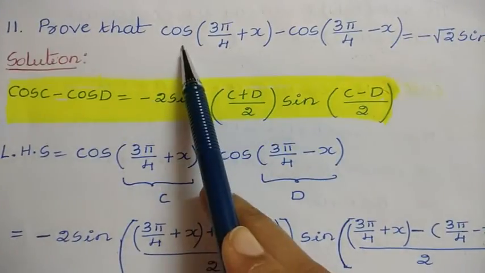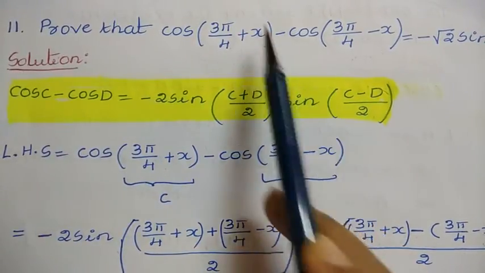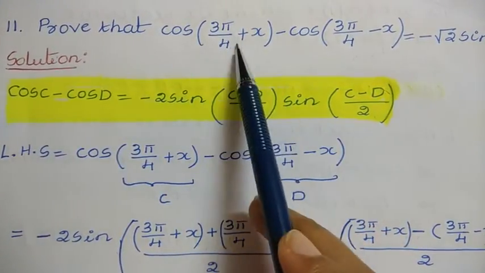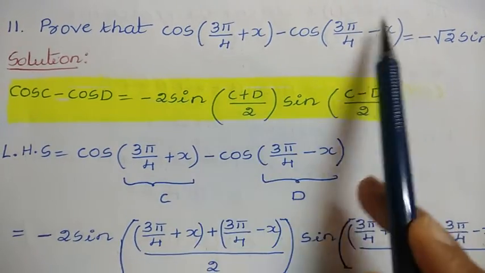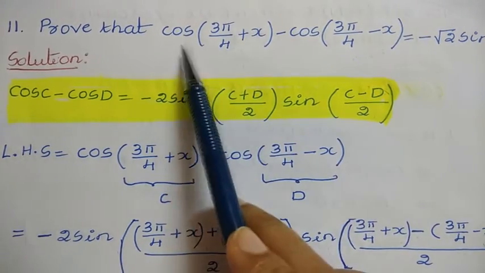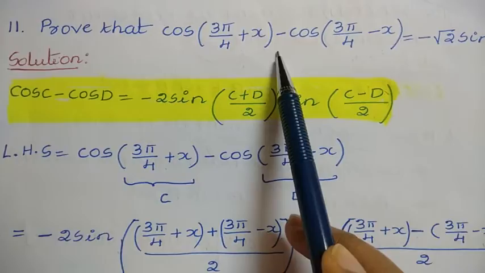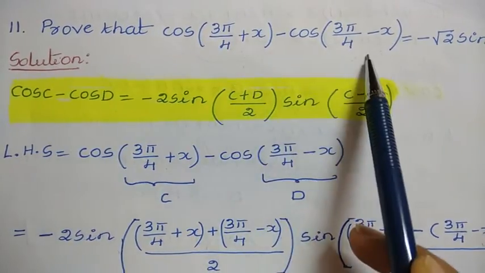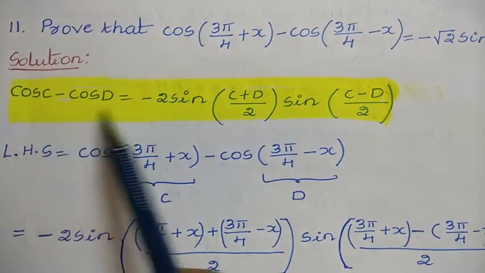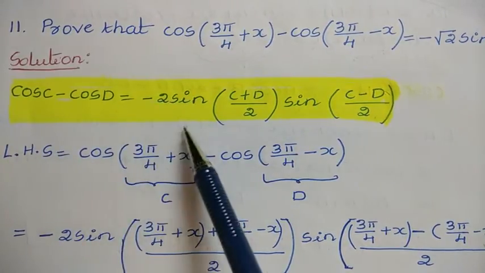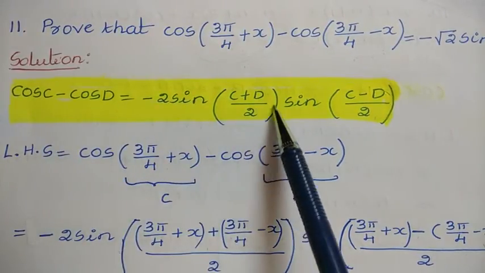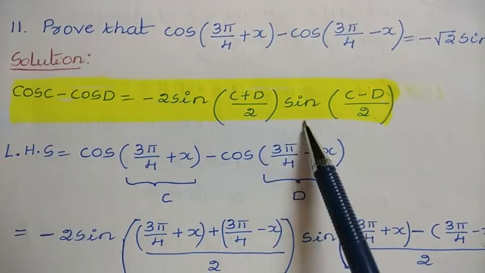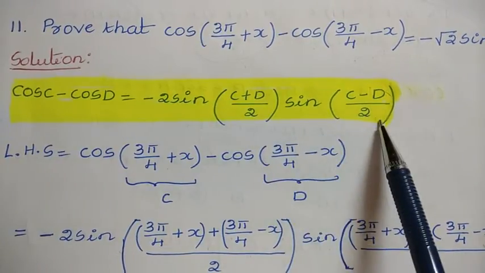See, here we have cos and here we have cos. So if I take this one as C and this one as D, then from seeing this we can say that I have to use the formula cos C minus cos D. So cos C minus cos D is equal to minus 2 sin (C plus D) divided by 2 into sin (C minus D) divided by 2.